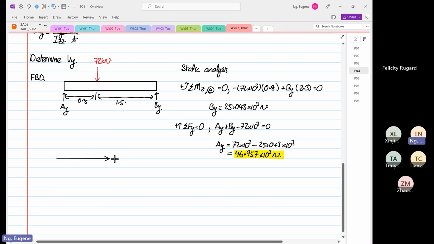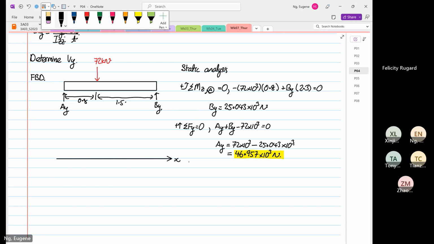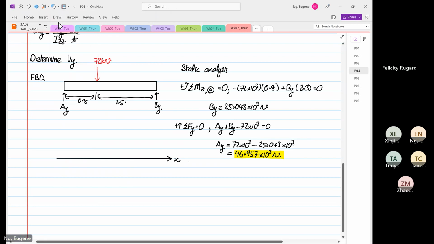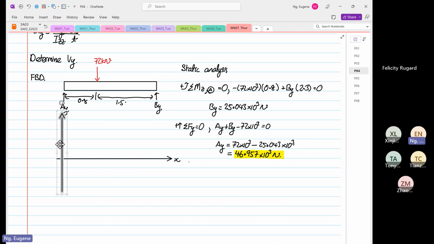Okay, so if this is my X, and then we have our 0. I'm going to break this.